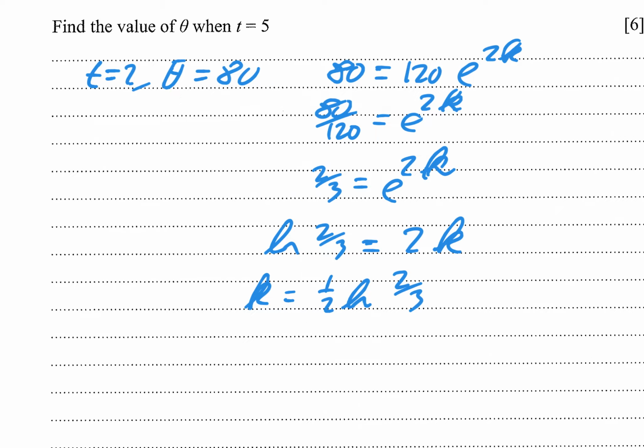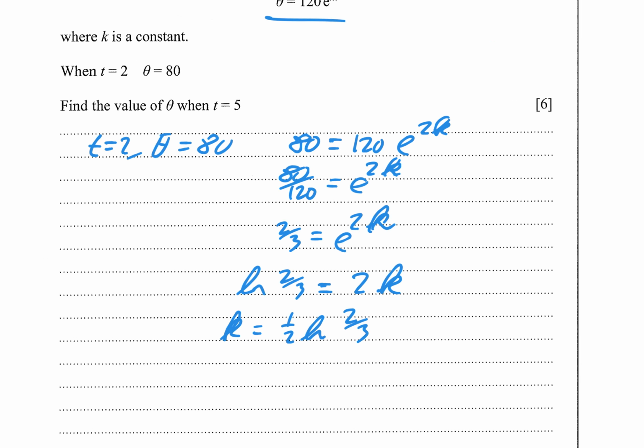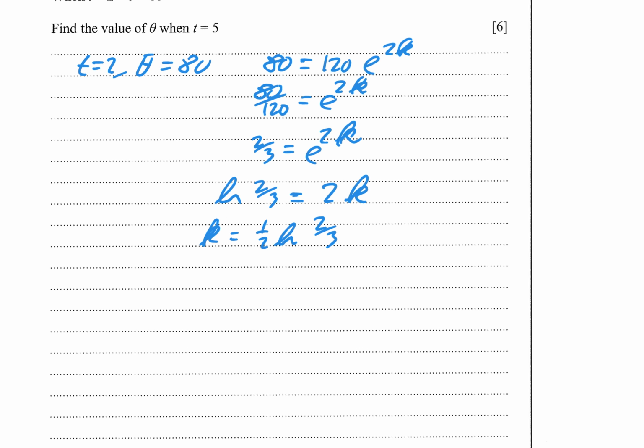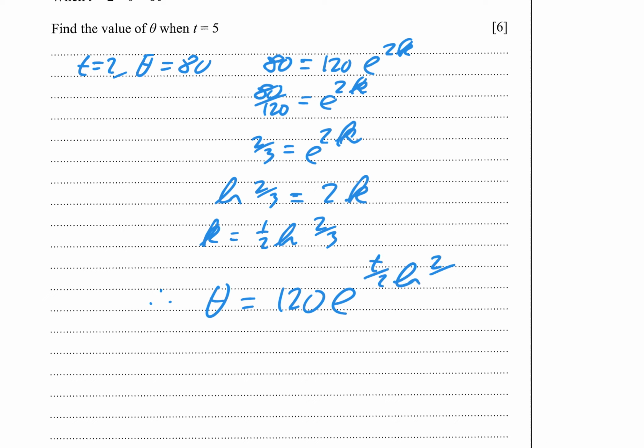Now we need to find the value of theta when t is equal to 5. First of all, let's rewrite our equation. Our equation is theta is equal to 120 e to the t times k, so t times 1 over 2 ln of 2/3 is t over 2 ln of 2/3. Now you can tidy this up, but I don't think there's any need to.